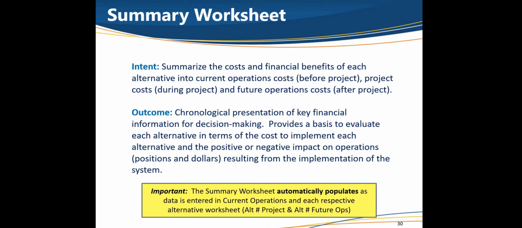The summary sheet shows year by year the planning, the project, the future operation costs, the current costs, and also a general change in program costs. It could show that it is going to cost more, a little more costly than the current operations, or it's going to possibly show a benefit of costing less. And you'd be able to see that from the summary sheet.